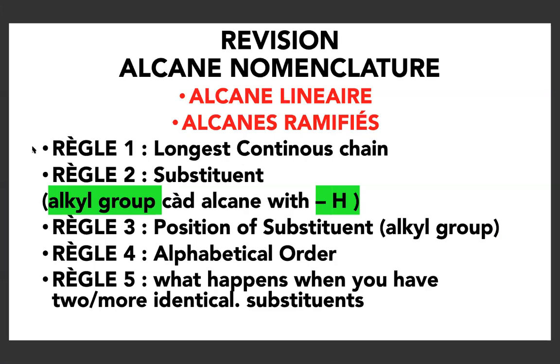I was just giving a review on the first 3 rules. Now we are on rule number 5. Rule number 5 asks: what happens when you have 2 or more identical substituents? What happens is you use the multiplication rule.